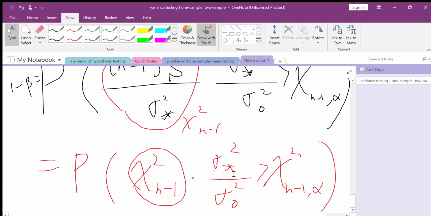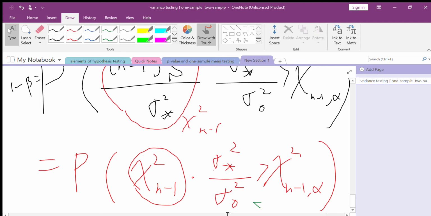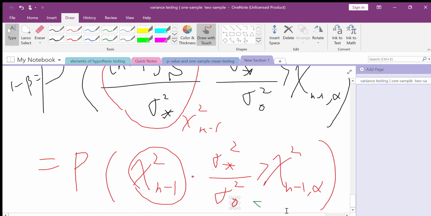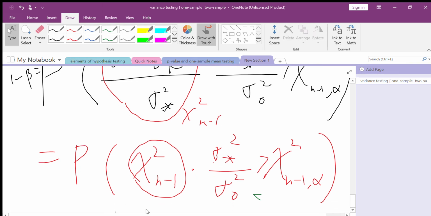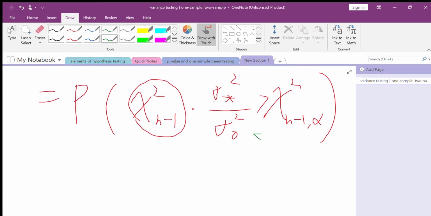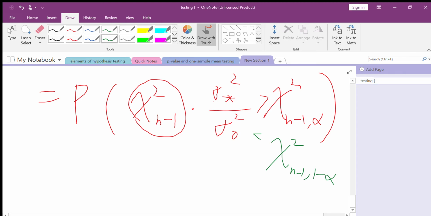For power, so remember the PDF of the chi-square distribution.